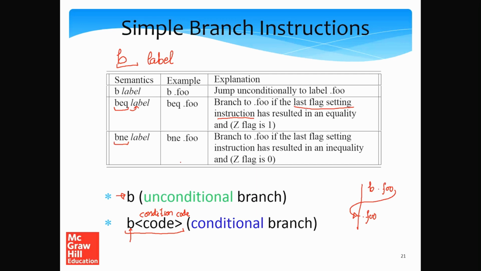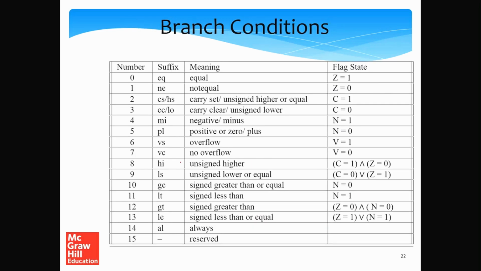We actually have 15 such condition codes that we shall see in the next slide. So first let's take a look at the condition codes that we have seen. Mind you, all of these are suffixes. So we'll have B plus this suffix. It can be BEQ, BNE, or BGE, or BGT. Any of these suffixes are allowed.